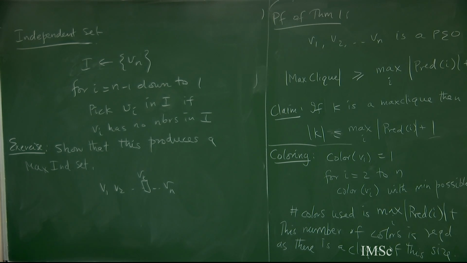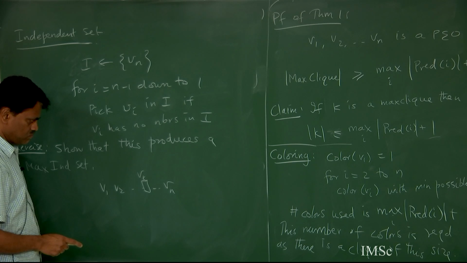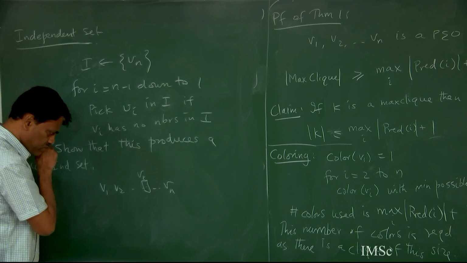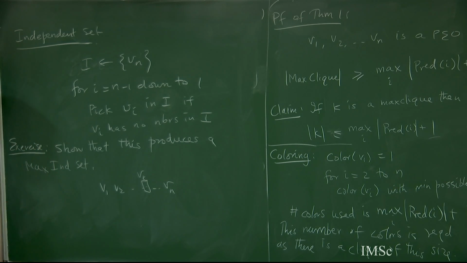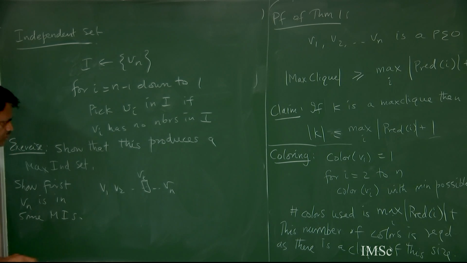If Vn was adjacent to Vk... okay, Vn is not adjacent to Vk, can I add Vn? So show first that Vn is in some maximum independent set.